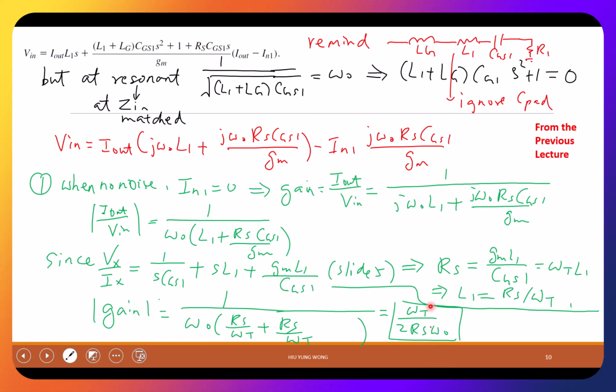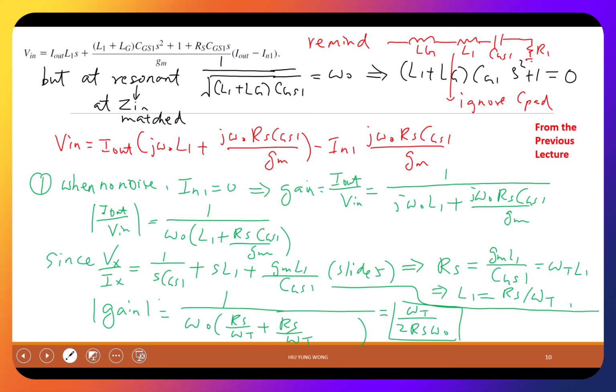Again, what is omega t? We just discussed. Transit frequency. And what is the formula for transit frequency? Anyone else? GM divided by CGS, right? We discussed many times. If you want to show people you're good, then you should really memorize it.